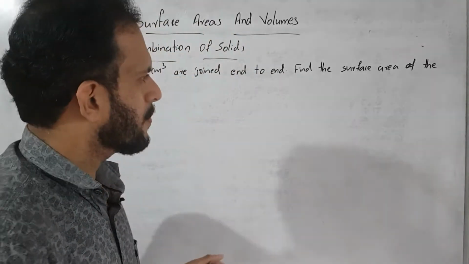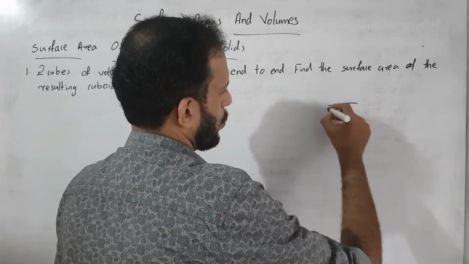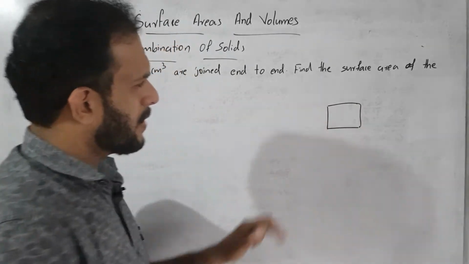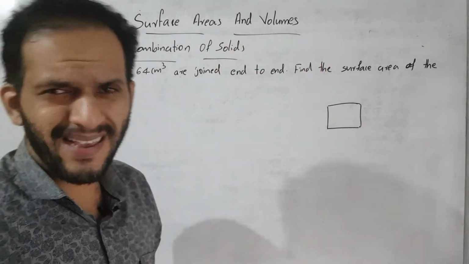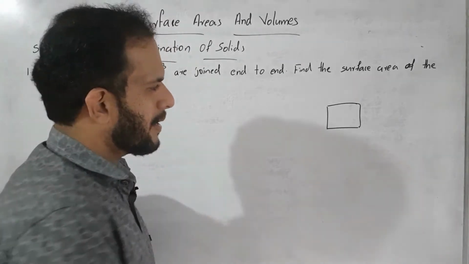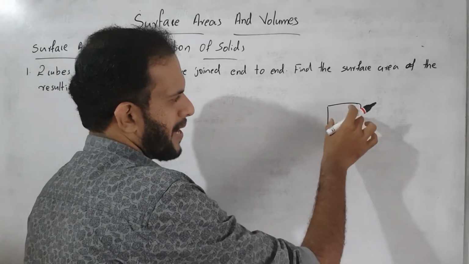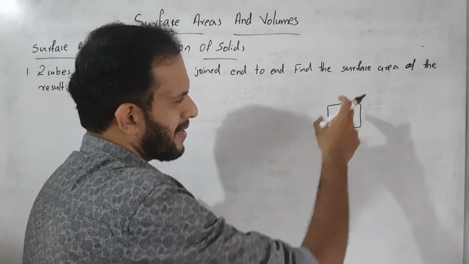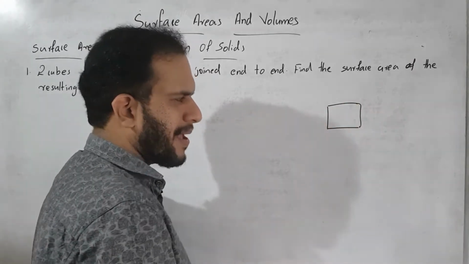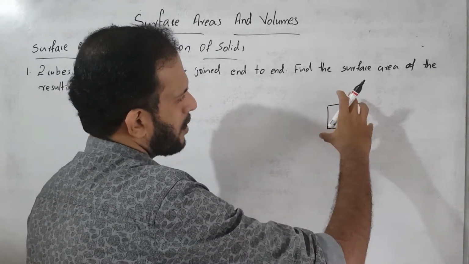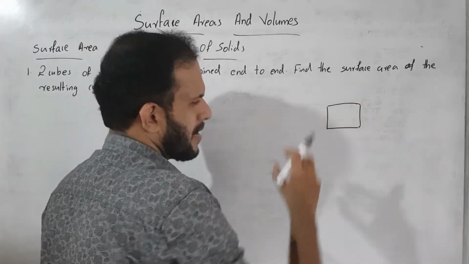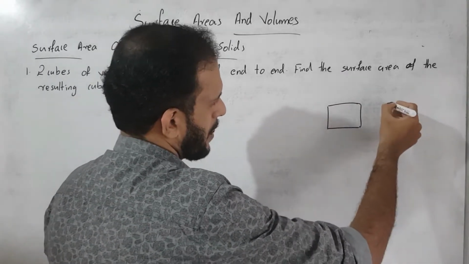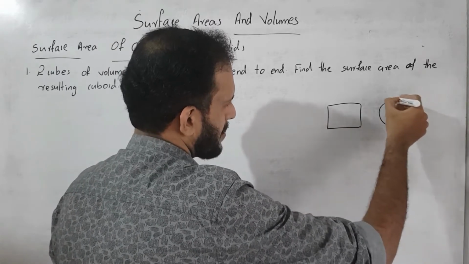The example is, in the case of a cube, we know that one base face is a square. If we join the base with another base, suppose a hemisphere, we know the hemisphere base is in the form of a circle, correct?